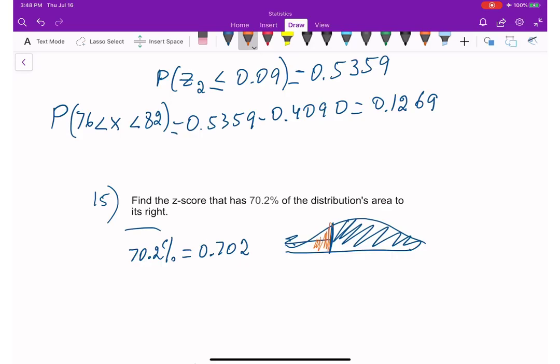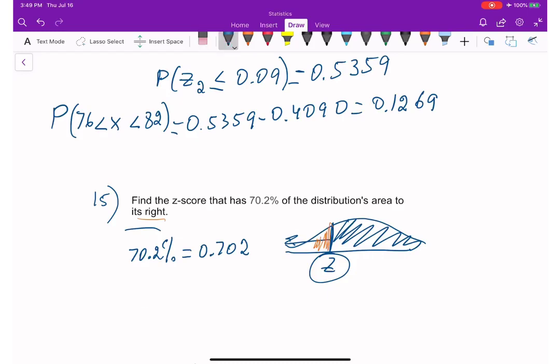Why are we finding the one on the right? Because the table shows the left one, that's why. But the z-score is going to be the same anyway, so it doesn't matter. If you take the area to the left, it still will show the z-score that borders the area to the right also. Oh yeah, I haven't subtracted.